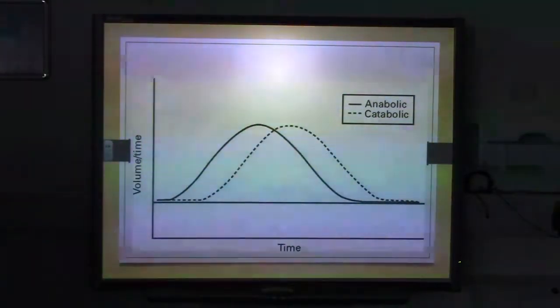So just to point out, volume and time, the anabolic phase begins first, and then this will initiate the catabolic phase, which happens after. So the anabolic phase dominates and precedes the catabolic removal of unwanted tissue and bone resorption with subsequent remodeling.